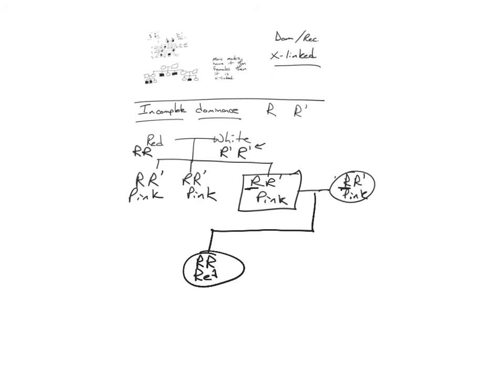Red. You could end up with one that has R prime, R prime, which would make it white. Or you could end up with a plant that has R R prime, which would make it pink. So if you take 2 pink flowers, you can get 1 of each.